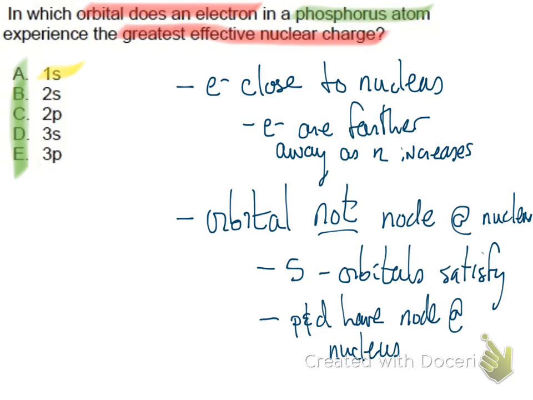So, if we want an electron in an orbital where it's going to feel the nuclear charge the most, we need it to be close to the nucleus, and we need it to be in an s orbital. We need a small n, and we need it to be in an s orbital. And again, A satisfies that criteria, and so A in this case is our correct answer choice.